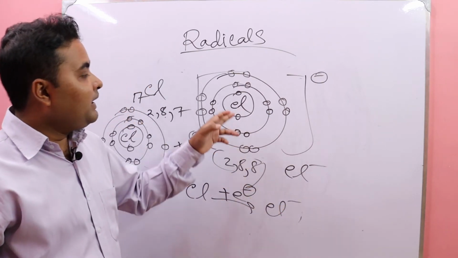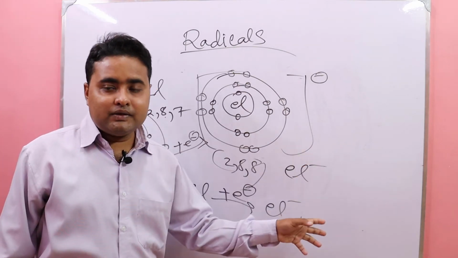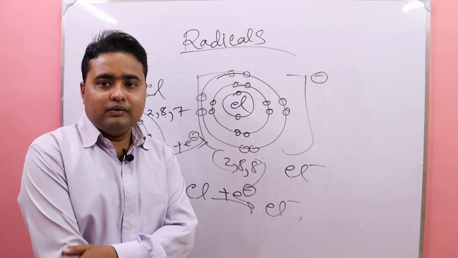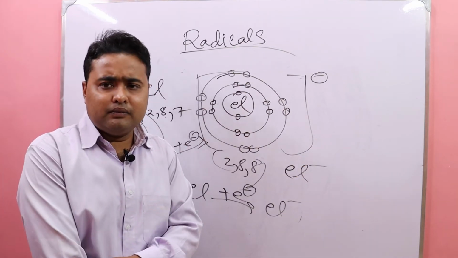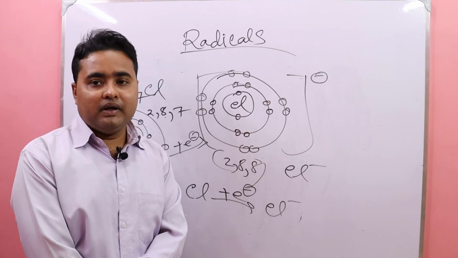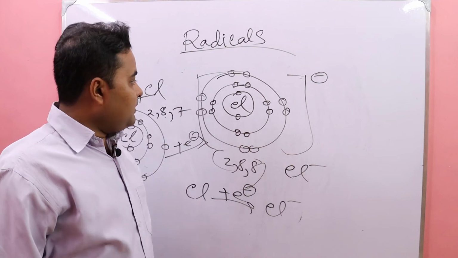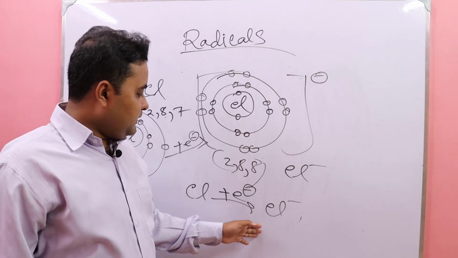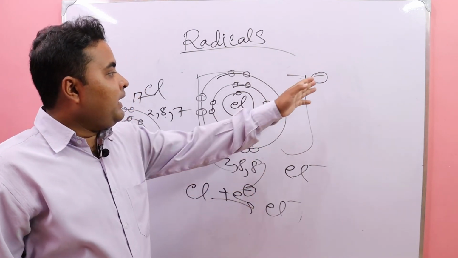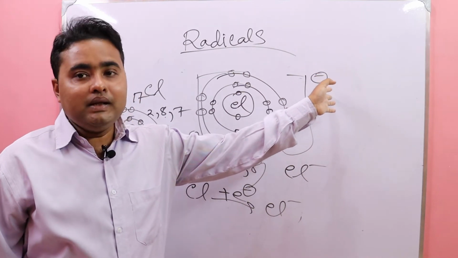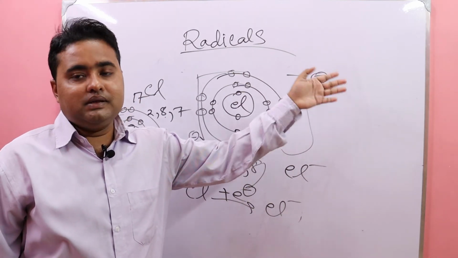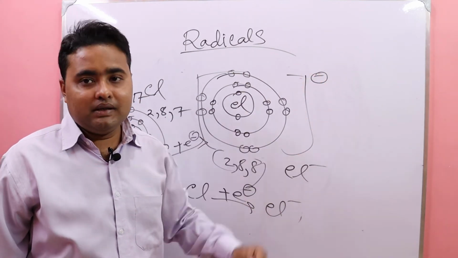If any atom loses an electron, then that atom will become a positive radical. So now it is clear that an atom, when it gains a charge, either positive or negative, becomes a radical.